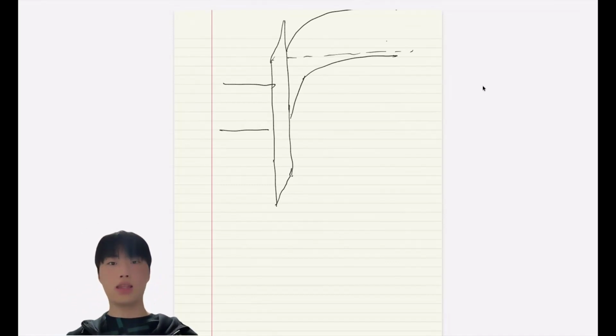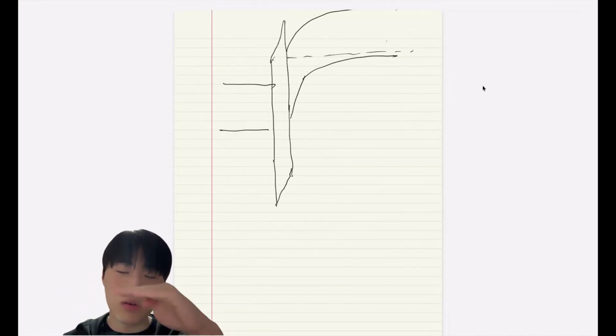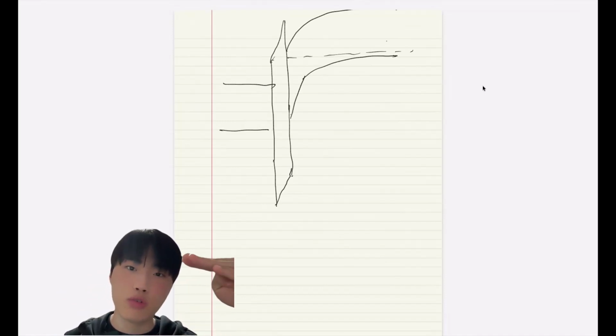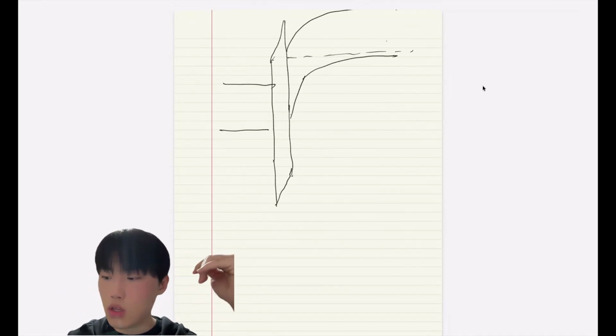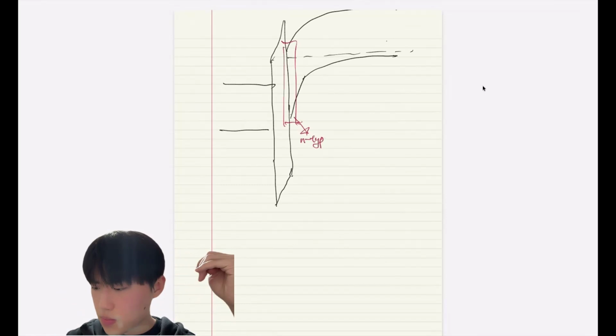So look at this energy band diagram. The Fermi level is really close to the conduction band. So this surface is now an n-type semiconductor.